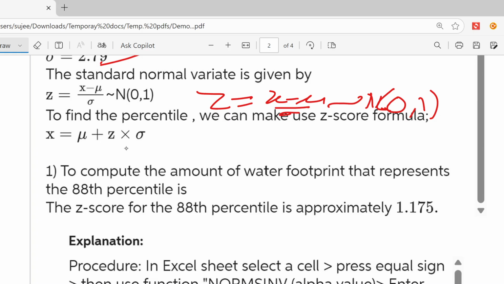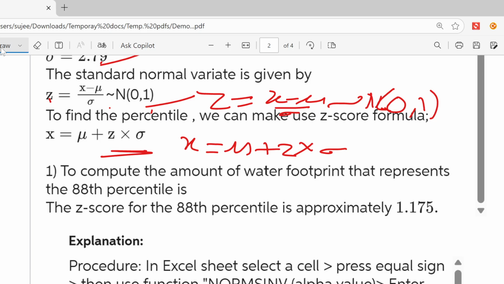So we have to basically find the amount of water corresponding to the given percentile. By using this Z-score formula, after transformation we obtain the expression x equal to mu plus z into sigma.